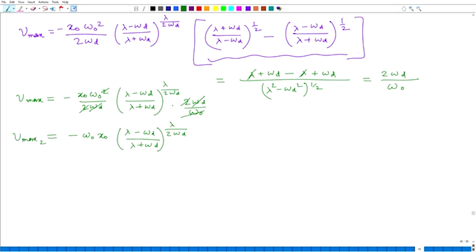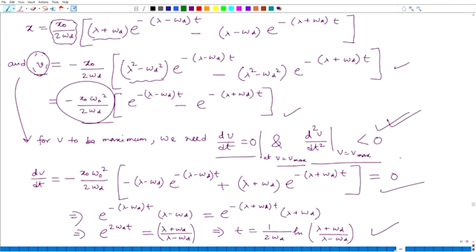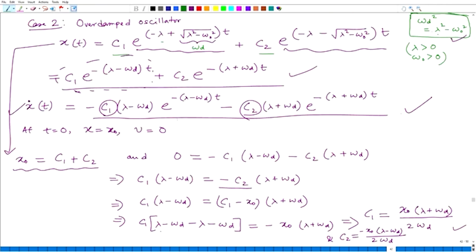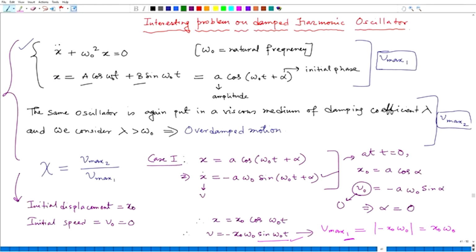And if you remember my V max 1, my V max 1 was simply this thing, actually this, okay.